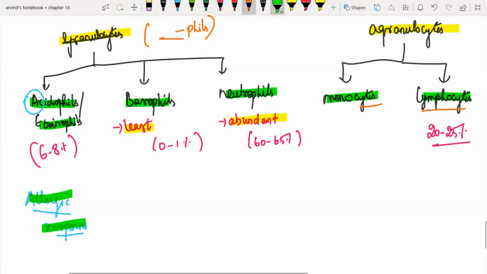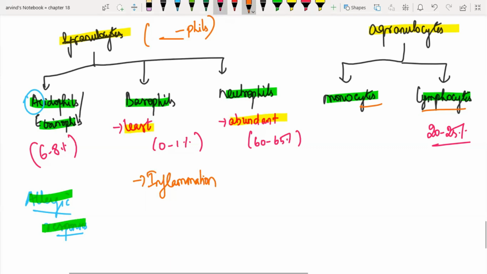Basophils are mainly responsible for inflammation. Whenever there is an injury, there will be an inflammation. For that inflammation, basophils are going to come to the site of either a pathogen or an injury. Wherever there is a foreign substance landed, there you will also find basophils and acidophils helping in the inflammatory reaction.